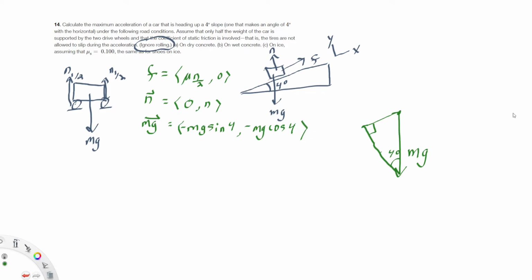So actually, let's do it that way as well. If instead we made our coordinate system like this, then our friction would not just be in the x direction. It would be part in the x direction, part in the y direction. So we'd still have the mu n over 2, but then the part in the x direction would be cosine 4 degrees, and the part in the y direction would be sine.